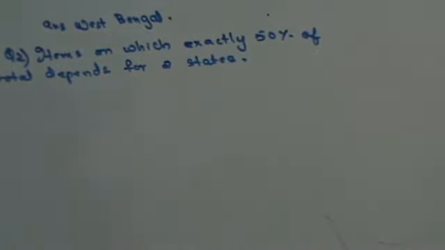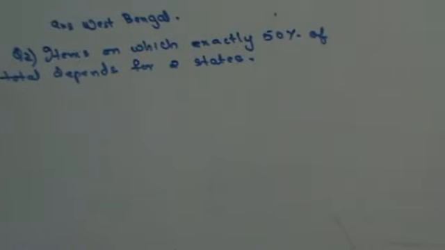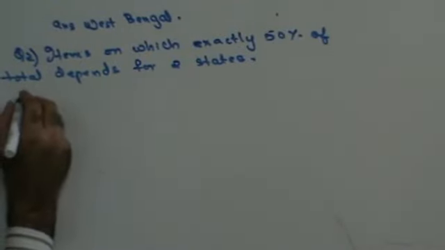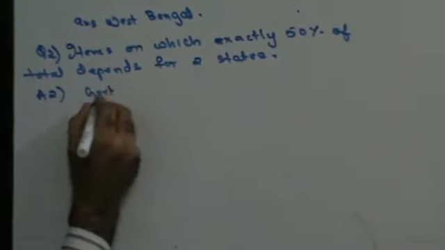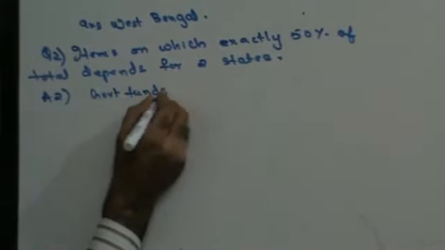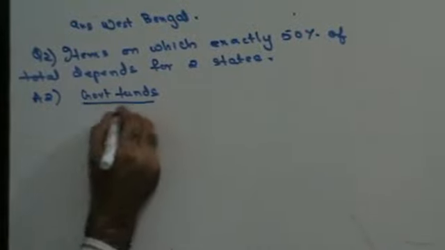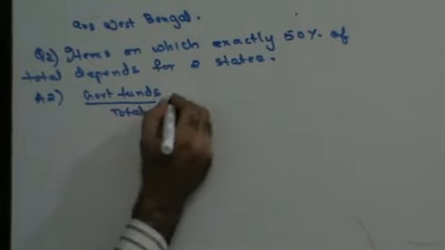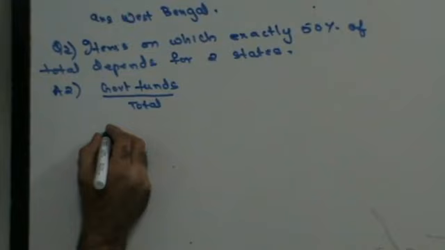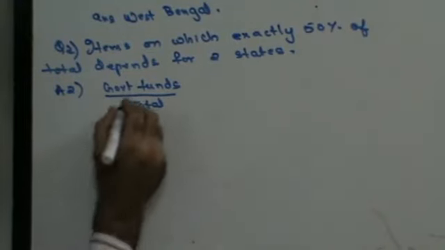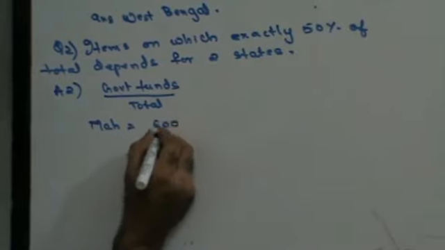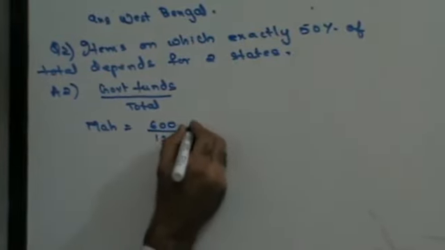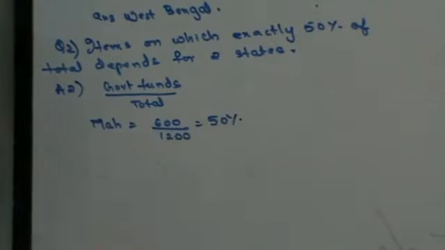Now if I consider government funds to total, for Maharashtra, government funds are 600, total is 1200, which is 50%.